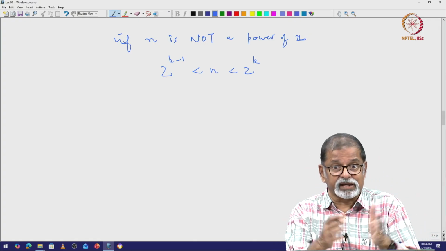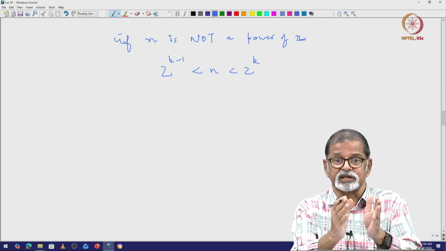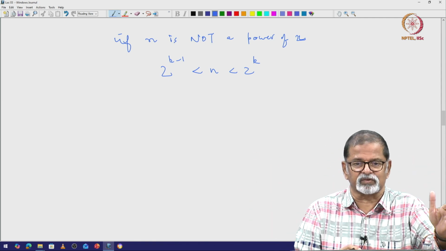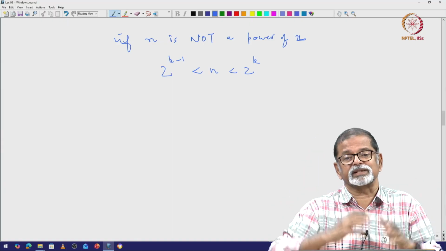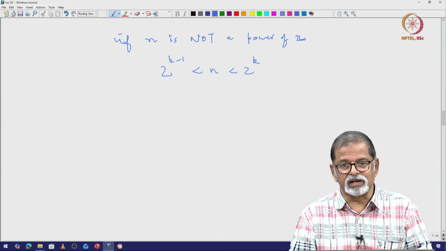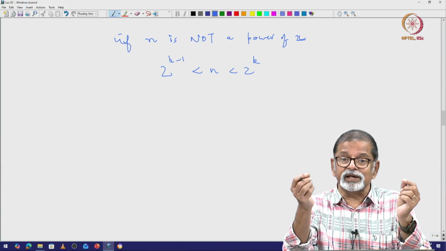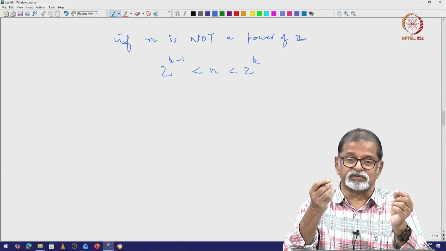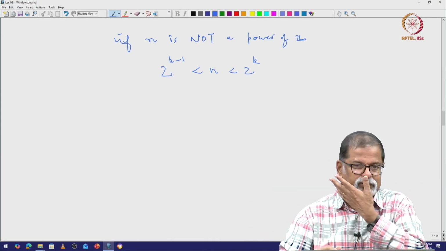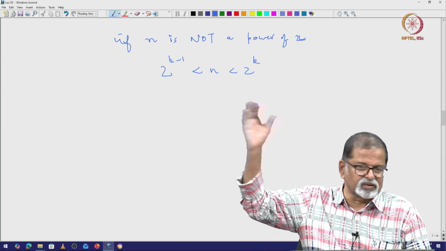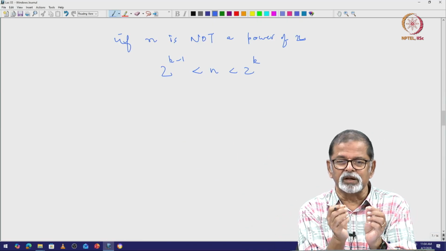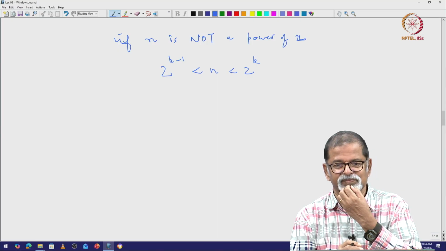It is strictly so. 100 is in between 64 and 128. 64 is a power of 2. 128 is another power of 2. Between them 100 lies. Every number n will be in between two successive powers of 2, because powers of 2 is an infinite sequence, it is going to cover all n.